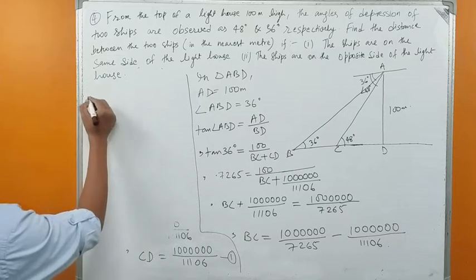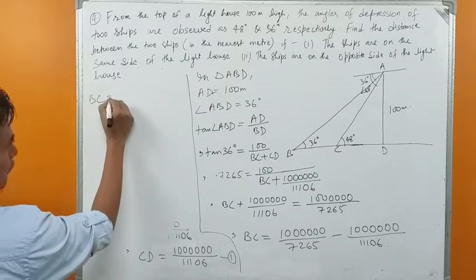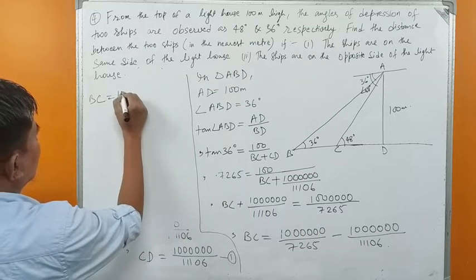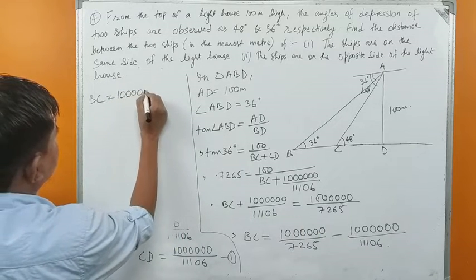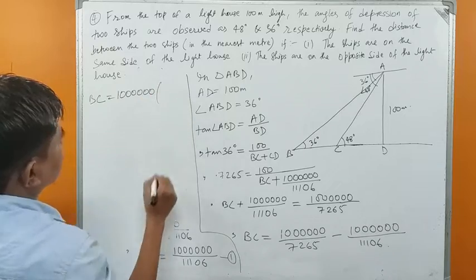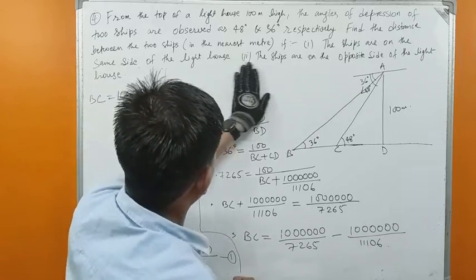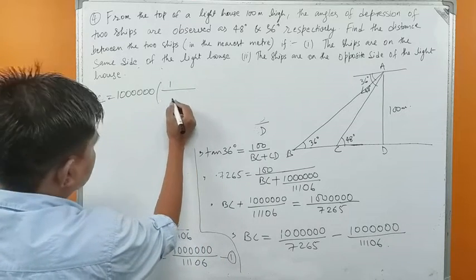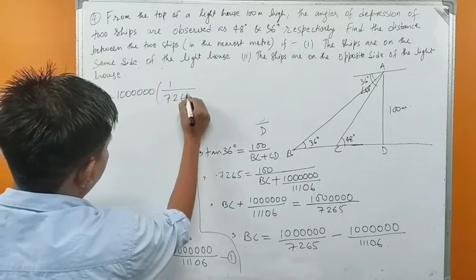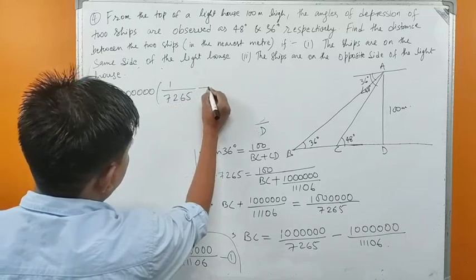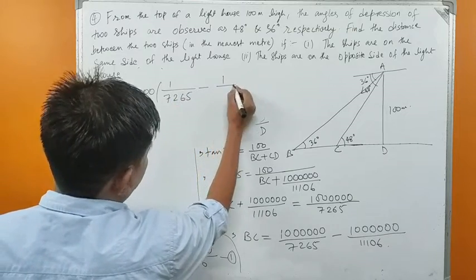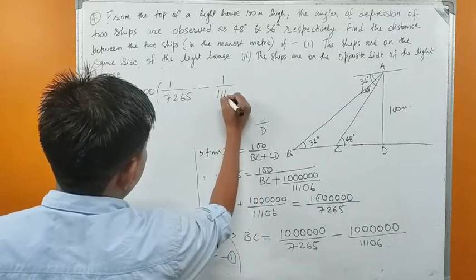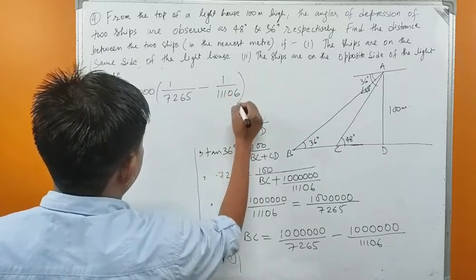BC equals, we take this 10 lakhs common. Okay, 123456, 10 lakhs is taken common. So now we have 1 upon 7265 minus 1 upon 11106, isn't it?